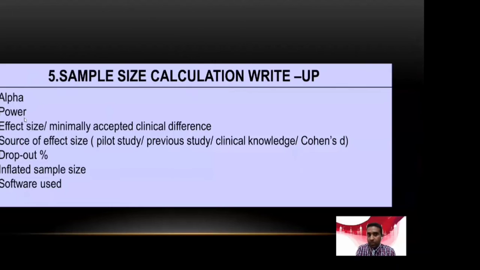Mention your alpha, power, and your effect size or minimal accepted clinical difference. Most importantly, mention how you calculated the effect size, whether from pilot or previous study or clinical knowledge or Cohen's d. Mention the anticipated dropout percentage and inflate the sample size accordingly, and mention the software used. This completes your write-up.